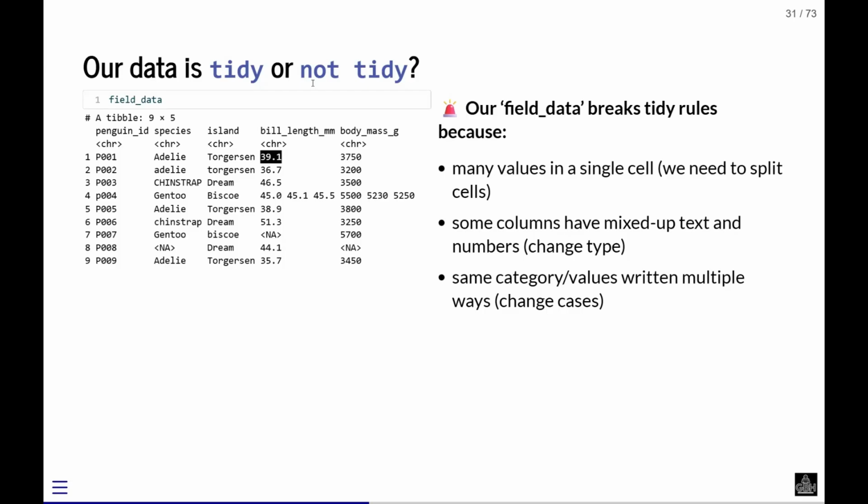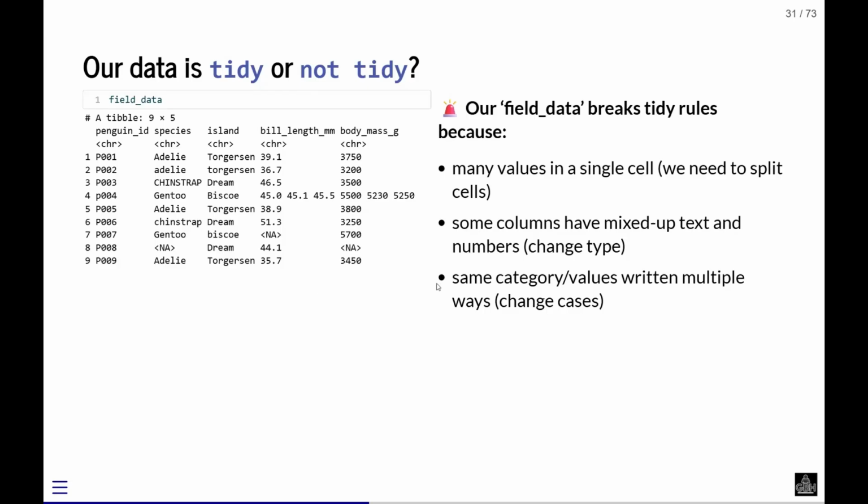We do not see it, but we can see it from here, because this line is printed by R, not part of our data, and you can see it is character. That means it is not numeric because these 2 boxes have too many values and a space. So a space is like text. That's why it turned into character. So we need to make this numeric. This is the second job, to make it tidy.